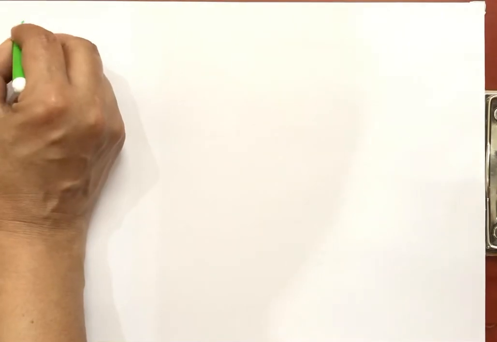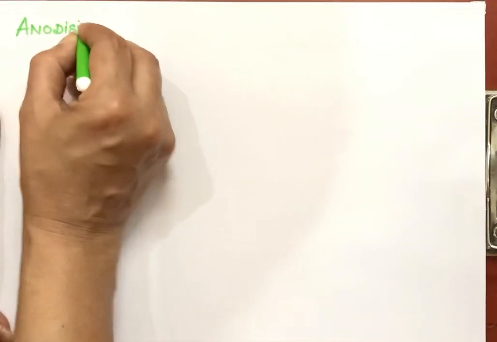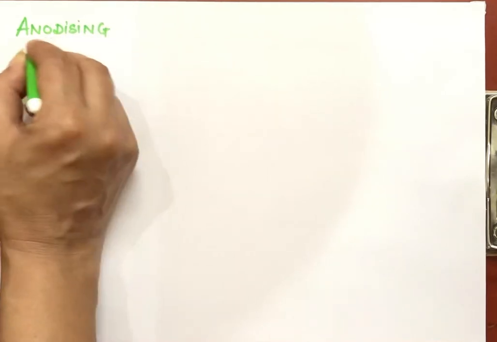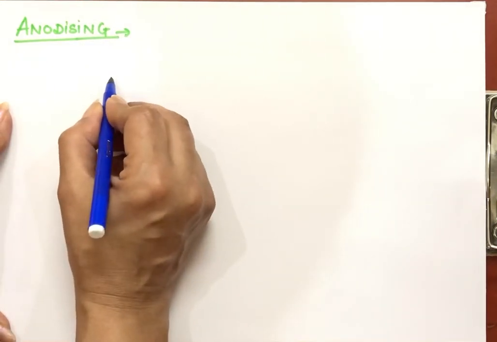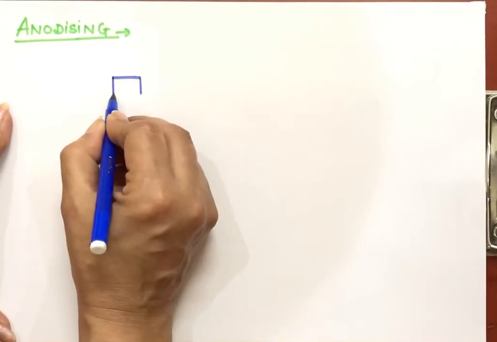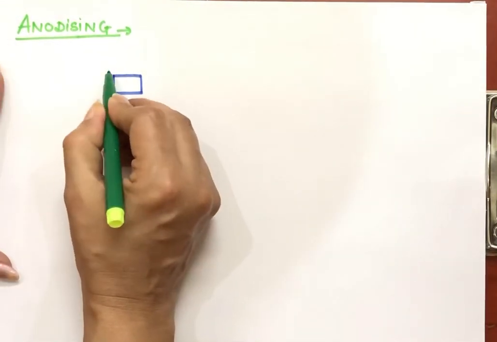What is the meaning of anodizing? Anodizing is from anode. This term is coming from anode. In this case, we take aluminium, and on aluminium there is a coating of oxide.